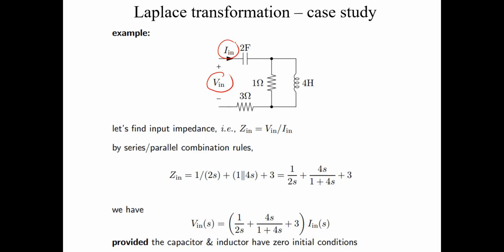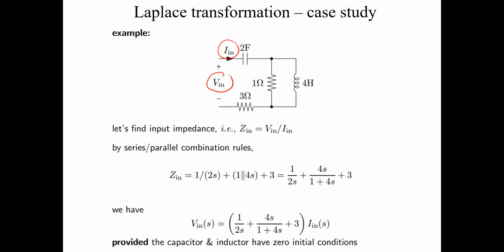We can imagine that we can find the input V-in or input current by using the ODE, as we discussed last week. Because we have a capacitor and an inductor and also a resistor, we can solve it using a second order differential equation. But as you know, a second order differential equation is a little bit complicated and takes a long time to solve.